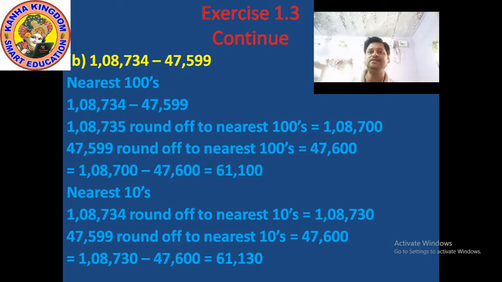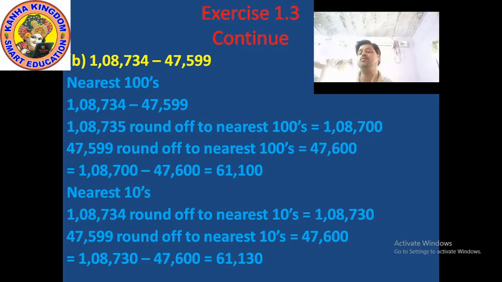So first one is 1,08,700 minus 47,600, and when you subtract both the numbers, what answer comes? See the ones digit of both the figures, which is greater? 1,08,700 is greater.